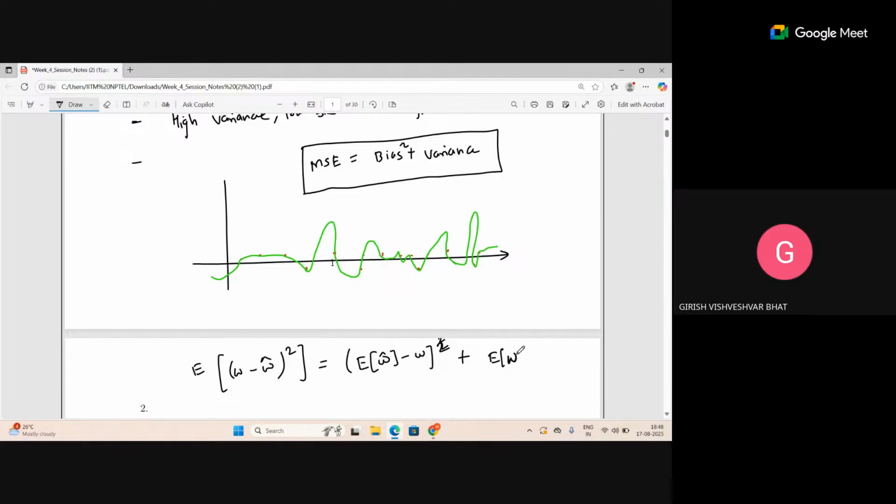Variance is x minus expectation. What is the variance formula? Expectation of x squared minus the square of the expectation. In this case, it is the expectation of W minus W hat, squared.